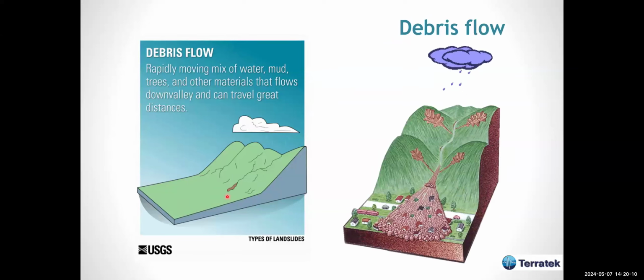So these are debris flows that usually take place on mountains when we have lots of rain. I've shown you some cases, and this is the animation by USGS, which is very interesting.